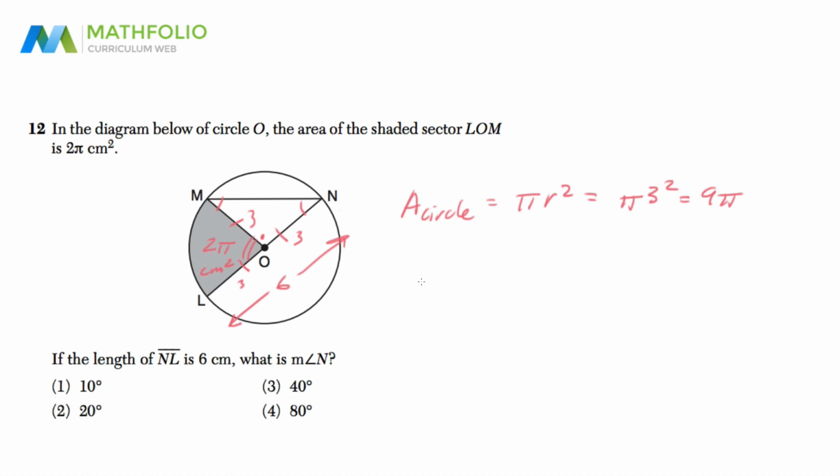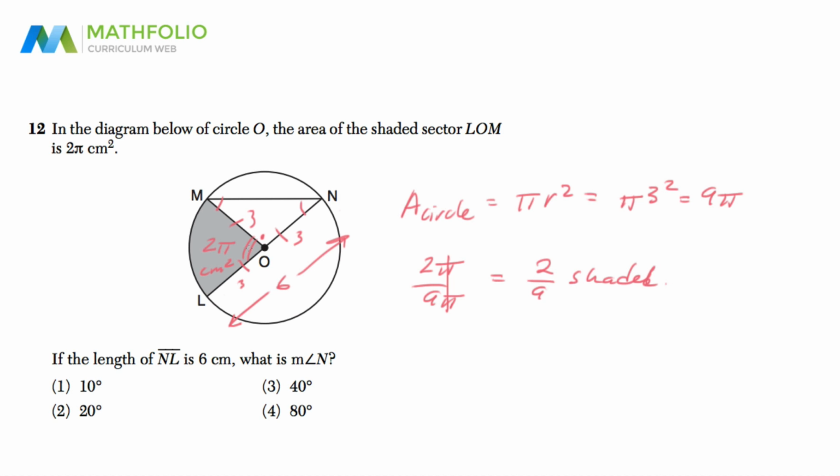Now the fraction of the circle that is shaded is the 2 pi. So 2 pi out of the 9 pi, those cancel, gives us 2/9 shaded.